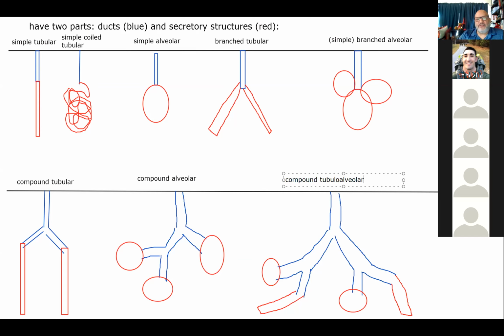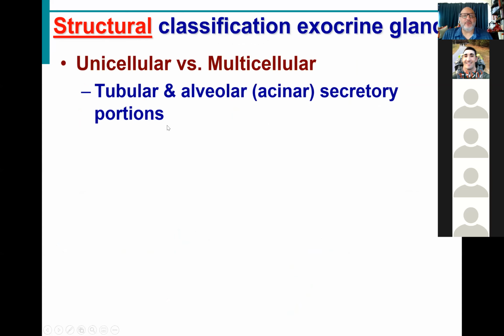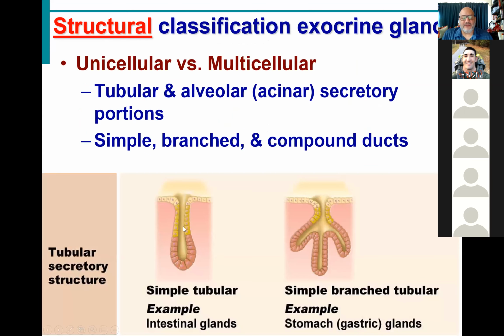Now, again, I have done with my amazing artistic skills an amazing job of doing this, but for once, I would say that I'm a little better than the textbook. Doesn't happen often, but let's take a quick peek at the picture from your textbook. Notice your textbook does a nice job of talking about these. Here we see, like I did, where's my annotation?